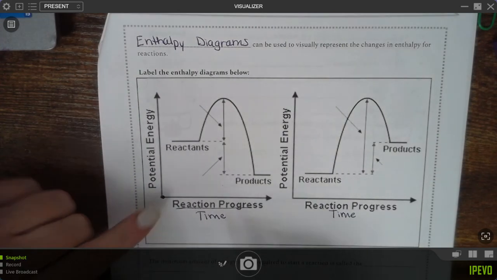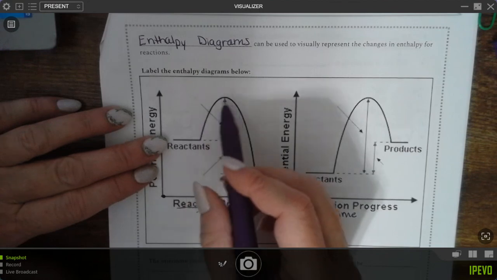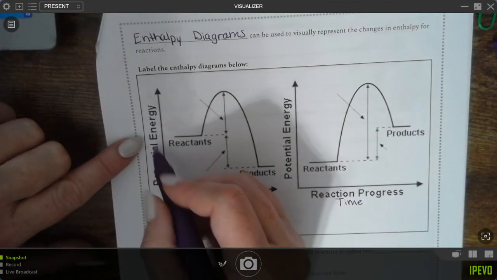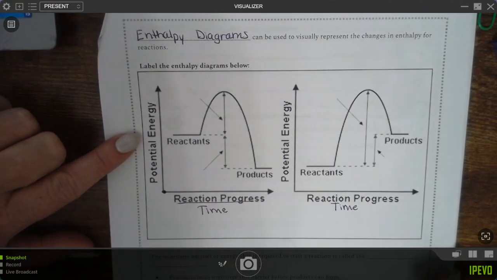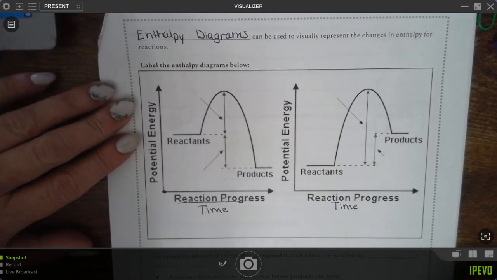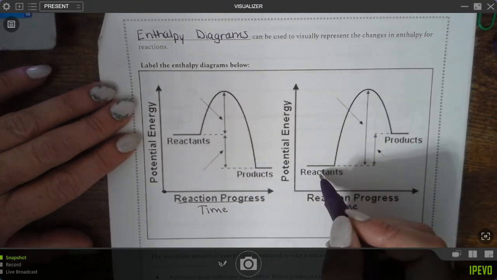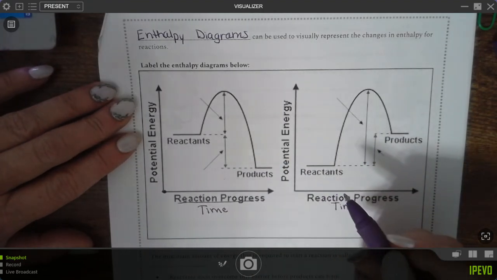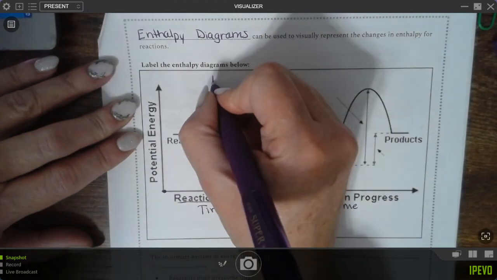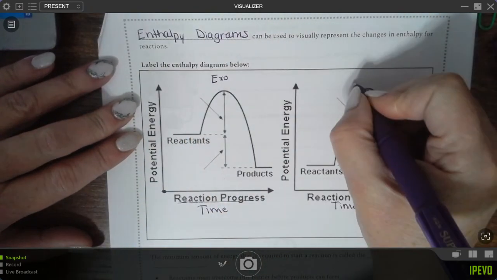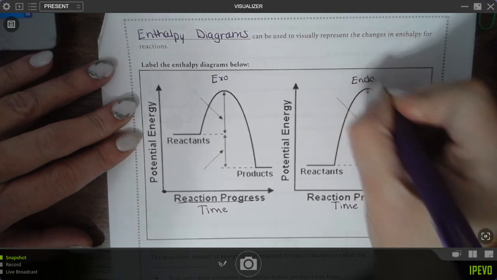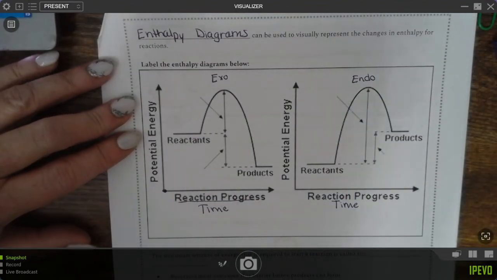Now, this line represents the energy of the reaction. Notice these two graphs are different. One is endothermic and one is exothermic. So this one is our exothermic. This one is our endothermic. But there are some things in common.